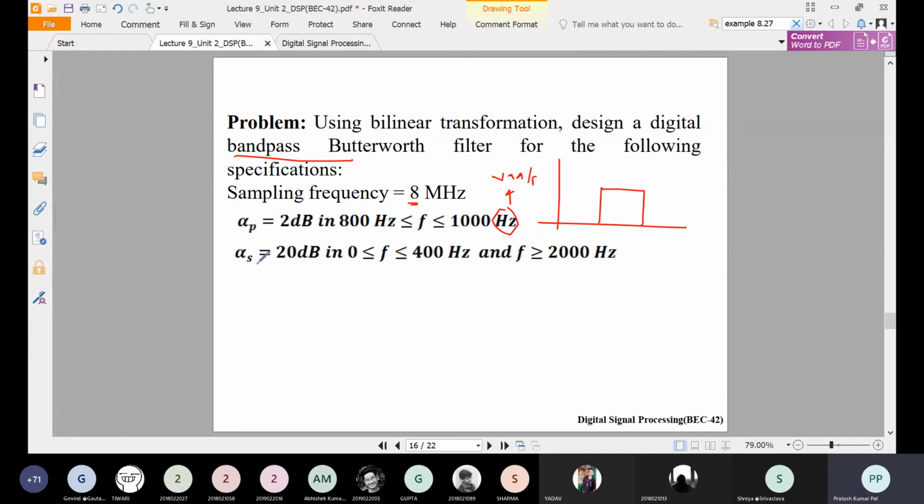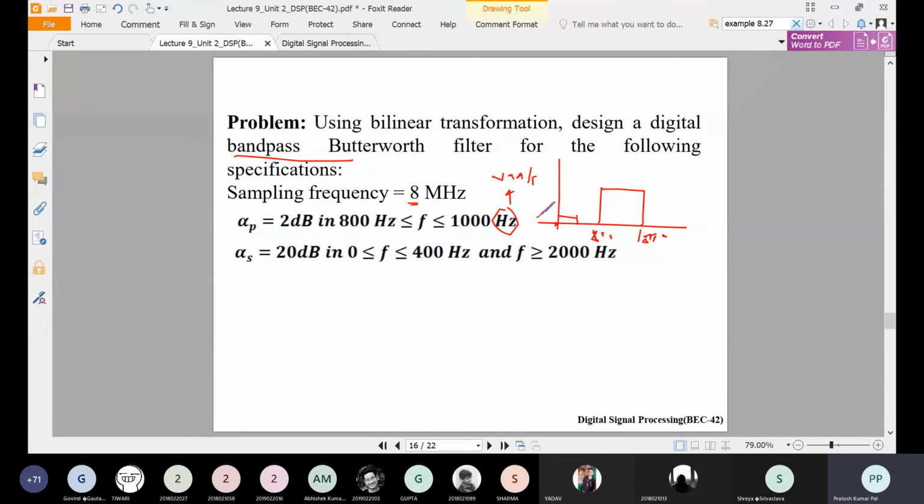And this stop band frequency is between 0 to 400. So this is 800 and this is 1000, and before that, from 0 to 400, there is a stop band frequency.